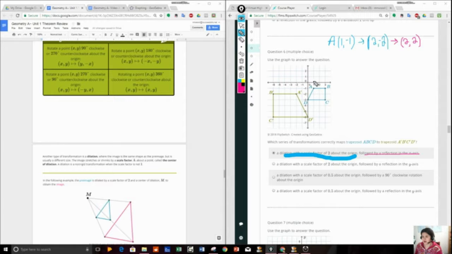So over 2, up 2. Is this where A prime is at? No. So there's one way to check it. The other way to check it is to do the dilation with a scale factor of 2.